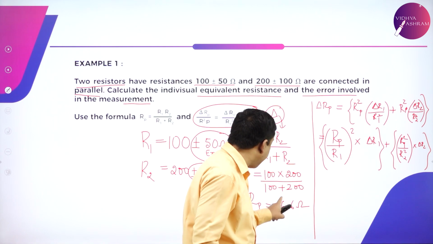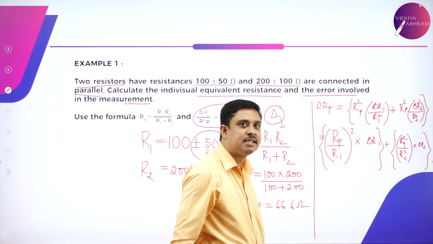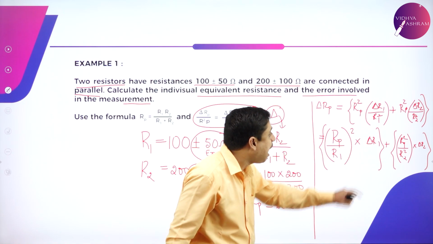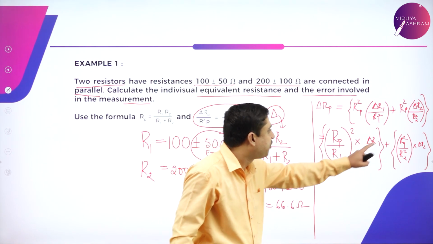I know the value of RP, 66.6. I know the value of R1. I know how much is delta R1, plus or minus 50.